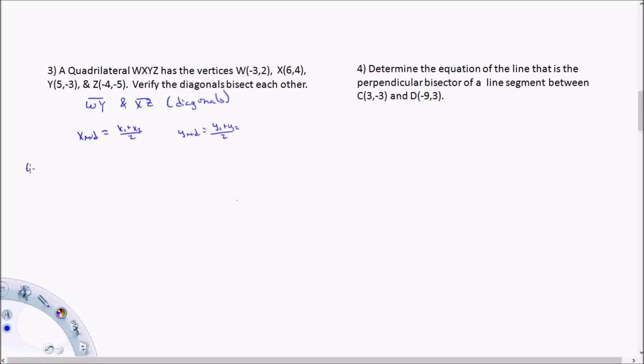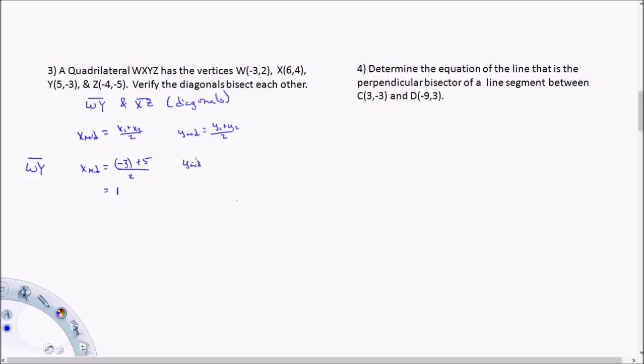Alright, so now for WY, we want to find the midpoint of that. So X mid would be equal to the two X coordinates of Y and W. So the X coordinate here is -3 plus the X coordinate here is 5, all over 2. So that would be 2 over 2, which ends up being 1.